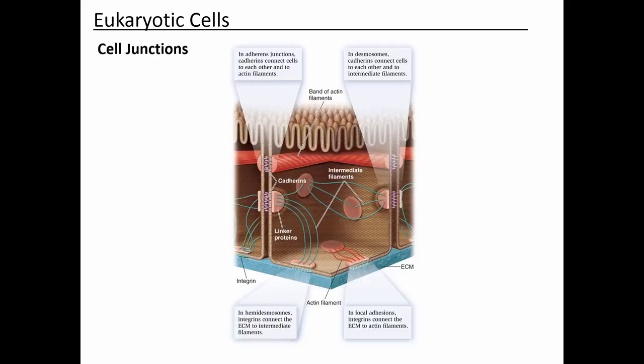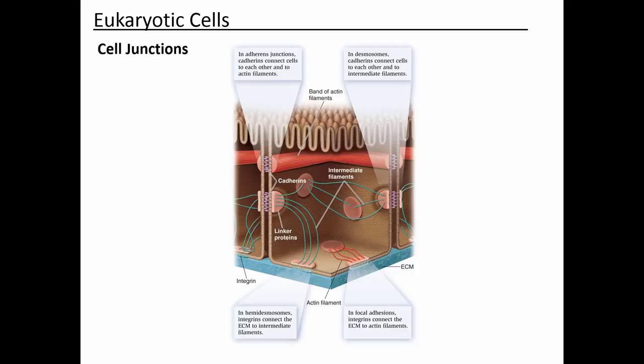And the main difference between the different types is going to be whether it's connecting two cells to each other or whether it's connecting a cell to the extracellular matrix. And then also the protein that's used to connect the cell either to another cell or to the extracellular matrix. And then finally, they will also differ on how they're anchored on the inside of the cell.